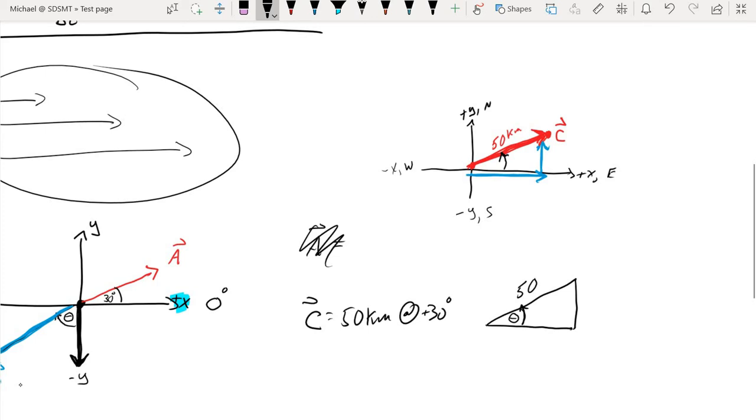So we can either put positive 30 from the positive x-axis, or we can put positive 30 degrees to the north of the eastern direction. We started pointing to the east, and then we followed our angle towards the north axis.